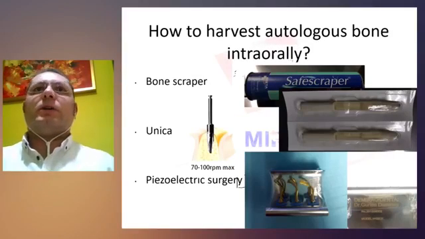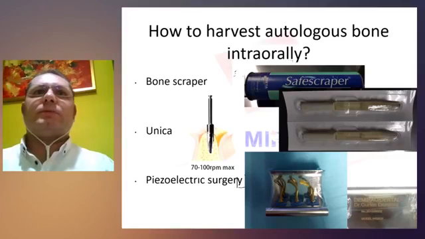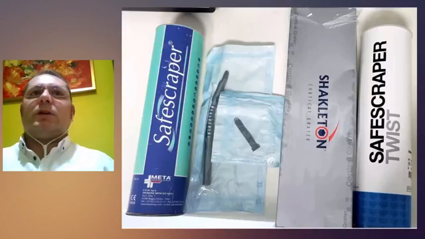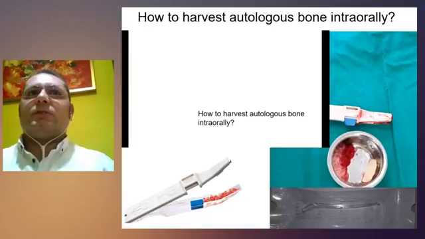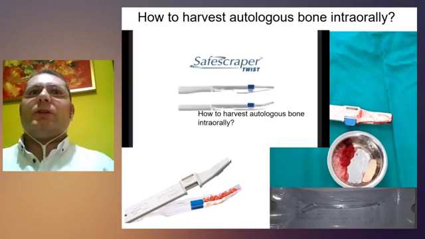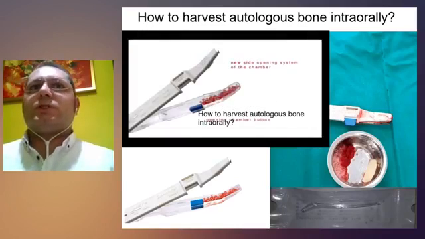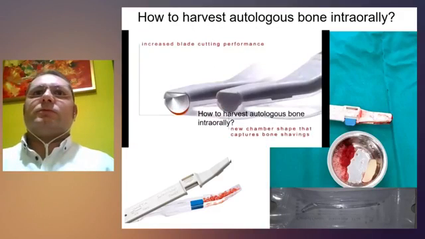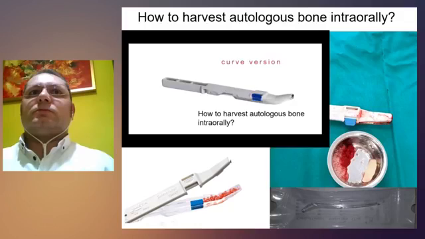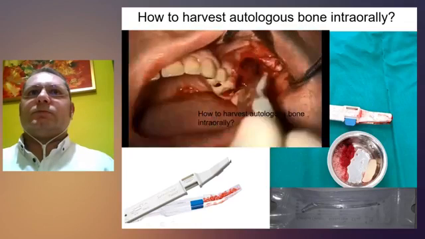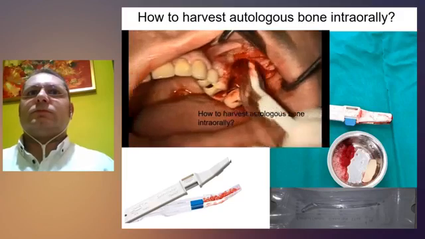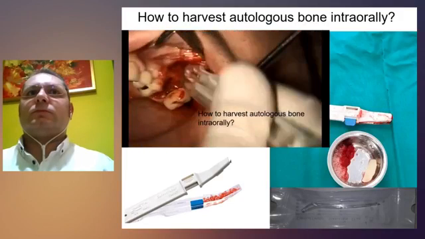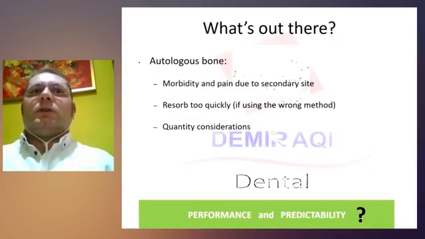And another one of my favorites is a scraper. As you can see, I have a collection of them, but normally the Safe Scraper Twist is my favorite, of course, the curved version.